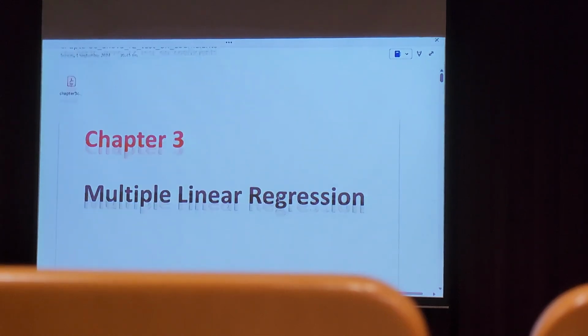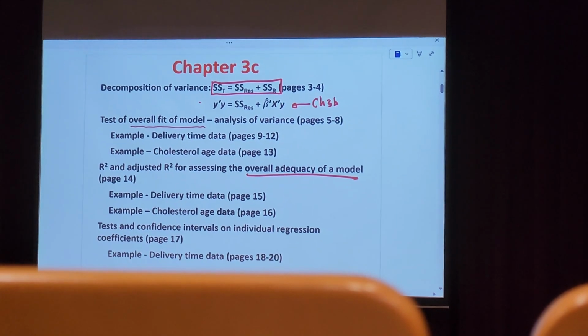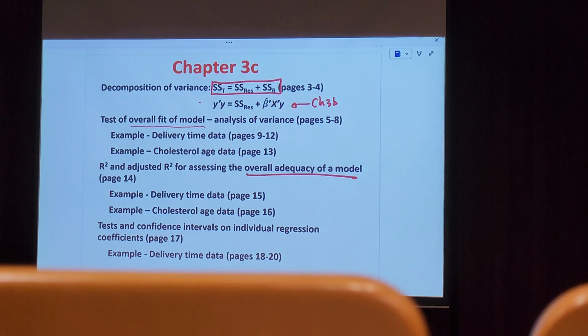So what have we done today? Today we looked at a very important decomposition. In fact, this decomposition of variance is the basis for your analysis of variance table. Make sure you understand how you get these two equations. They are of fundamental importance.